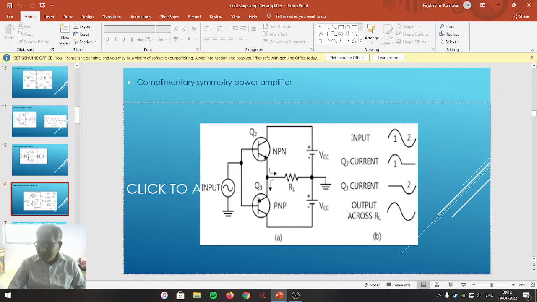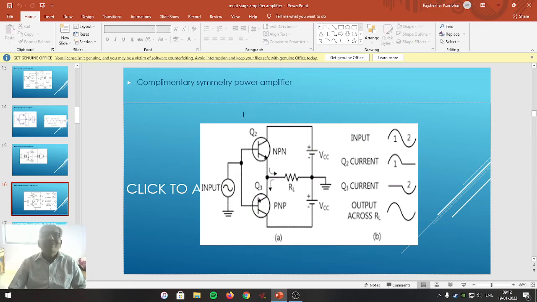Instead, two transistors are used in such a way that one is NPN and the other is PNP. In class A, class B and class AB push-pull power amplifiers, both the transistors are the same, either NPN or PNP. But in this case, one transistor is NPN and the other is PNP. But it will work the same as push-pull power amplifiers.